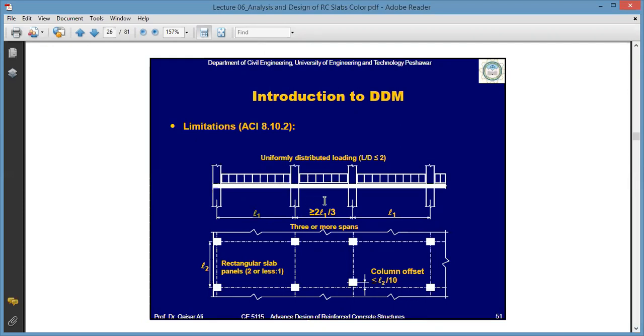Then the interior span length should be greater than 66% of this L1, meaning 2 by 3 of L1. So the interior panel length should be greater than 66%, or 2 by 3 times, of the exterior panel length. So these three are some of the very basic limitations.